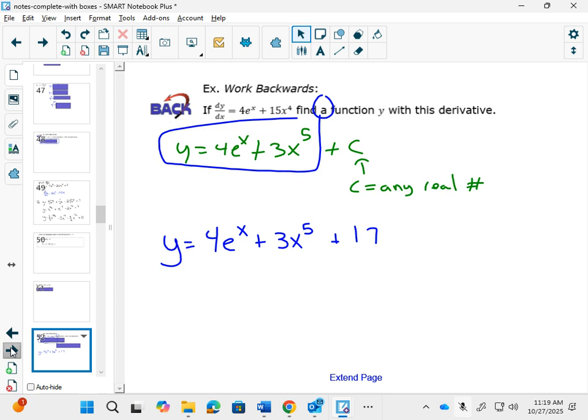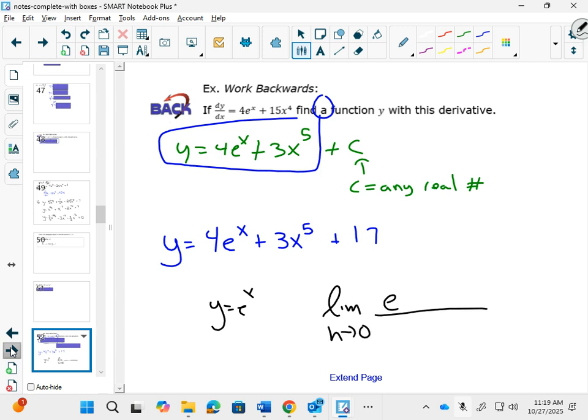So, the derivative of e to the x, the shortcut is that it's exactly the same. Doing it with the definition of the derivative is really quite complicated. Can you imagine? If y equals e to the x, you'd have to do the limit as h goes to 0 of e to the x plus h minus e to the x over h.